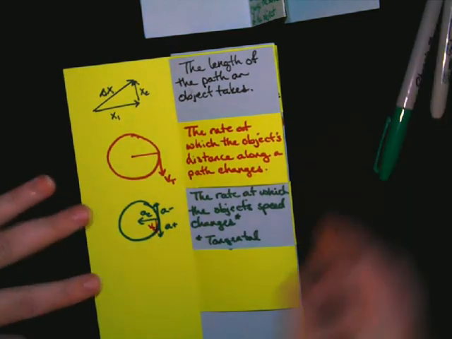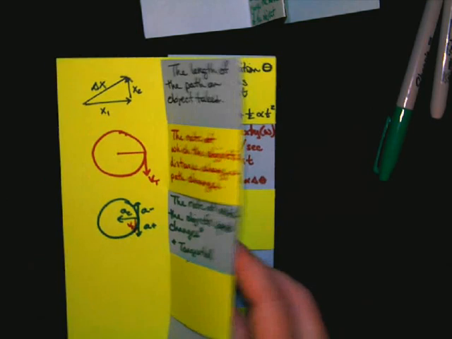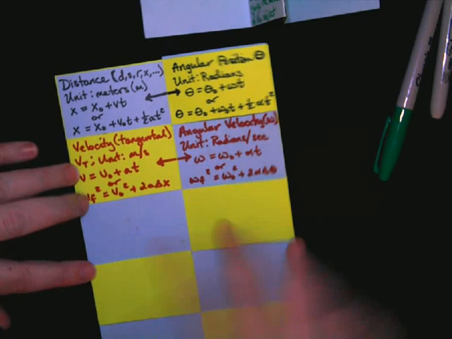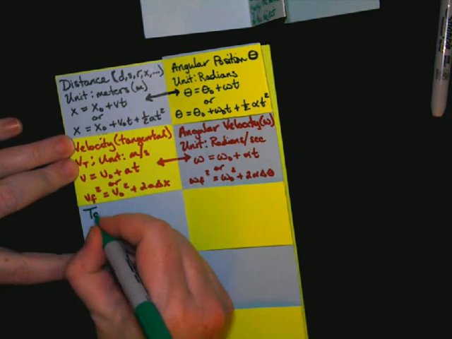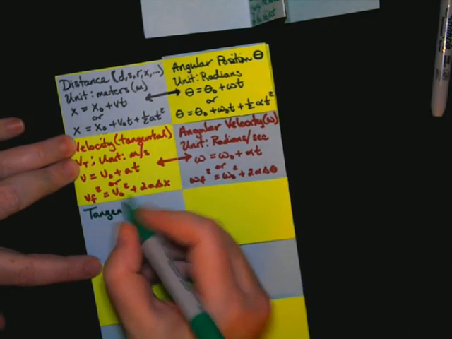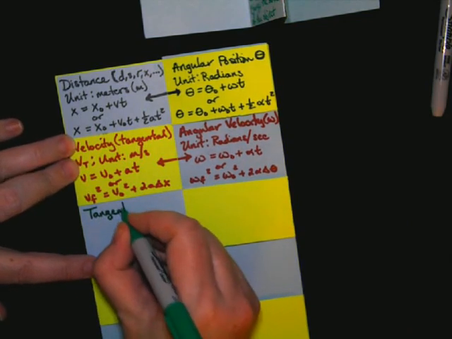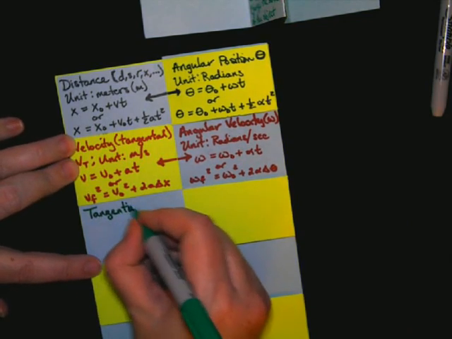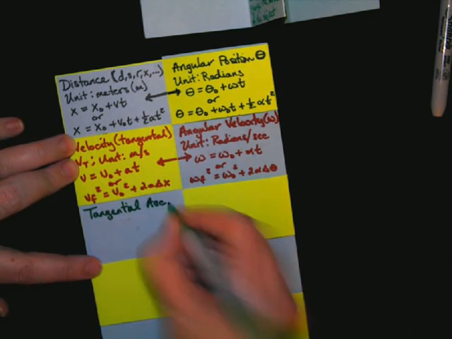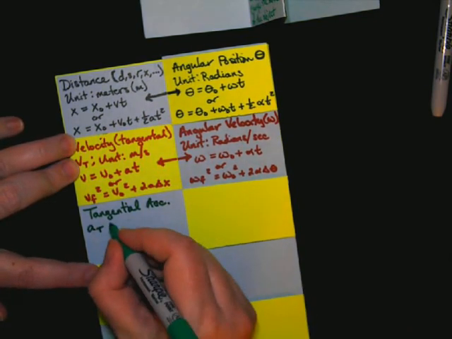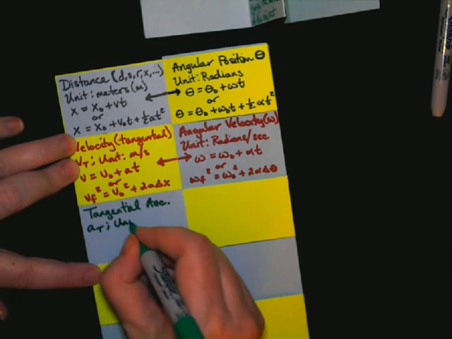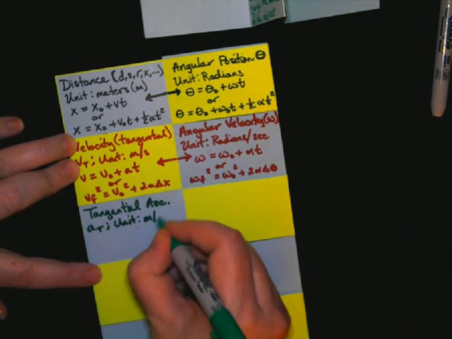And so we're going to go inside and we'll look at tangential acceleration. So tangential acceleration is A sub t, and we're going to say that the unit again is meters per second squared.